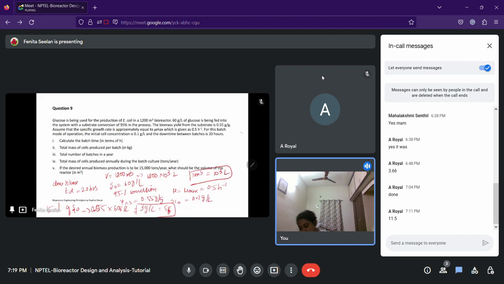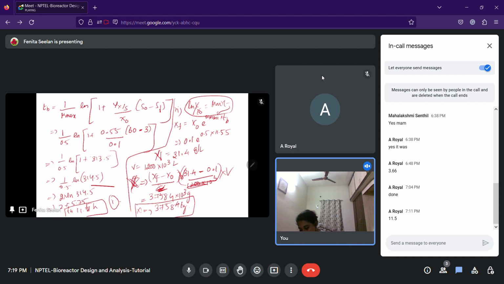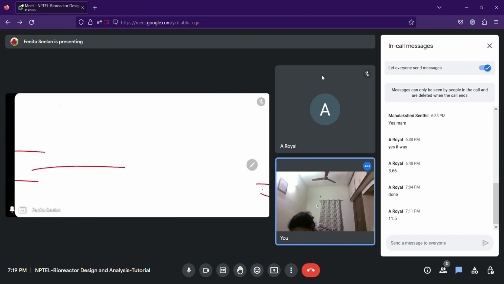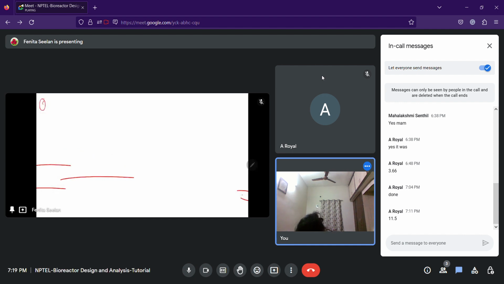So our batch time we have already calculated, which is 11.5 hours, and the downtime is given as 20 hours. So total time would be 31.5 hours, which is TB plus TD.